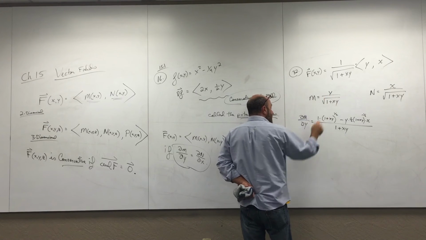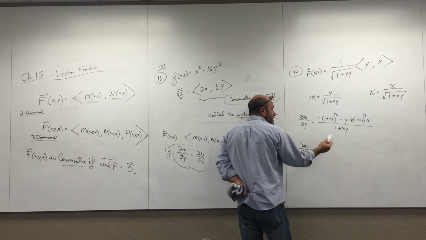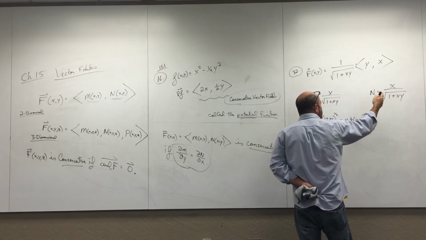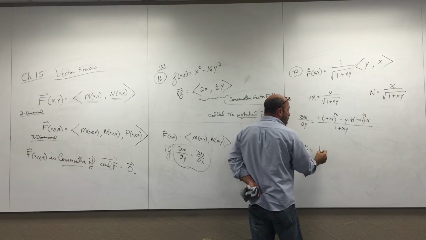I'm going to jump to the dN/dx. Let's try the dN/dx, which is almost the same thing. See, there's a lot of symmetry in these sometimes. Anyway, here we go. Derivative of the top with respect to x is a 1.